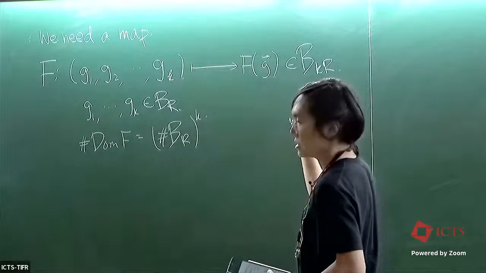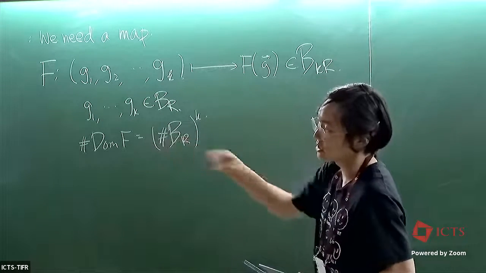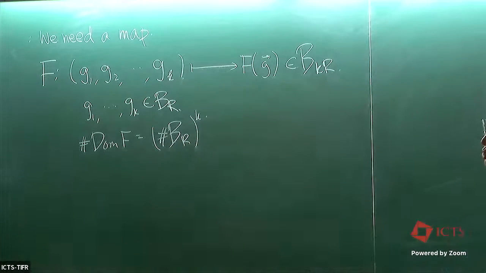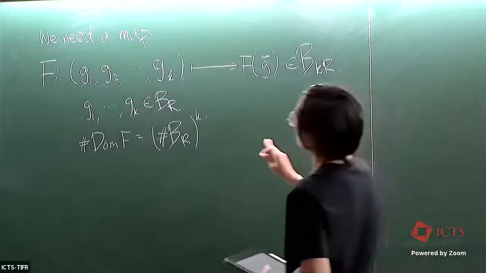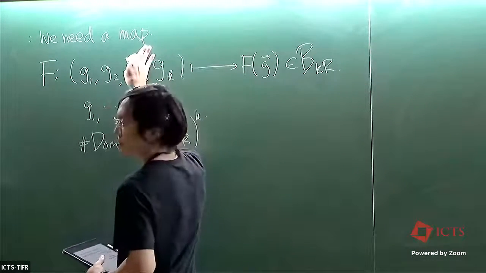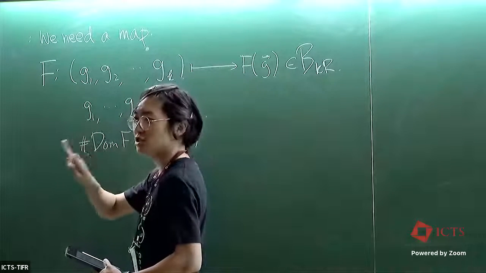And if this map is injective, then we get the desired inequality that leads to the contradiction. So we need an injective map, but this is too good to be true.